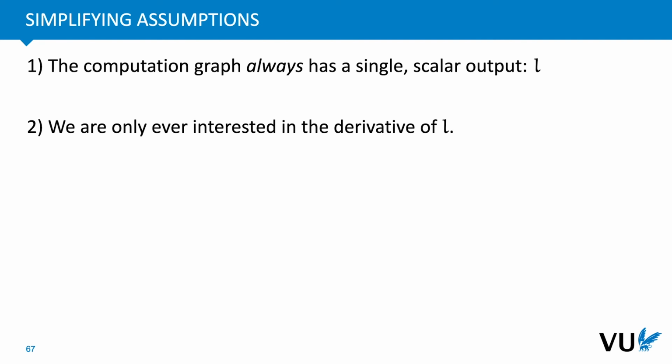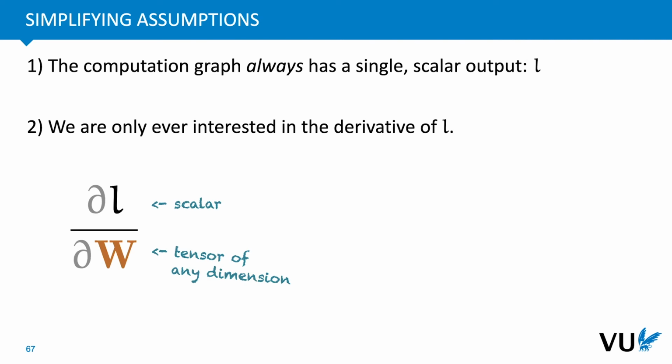The second assumption is that whenever we take a derivative or compute a gradient or do any kind of differentiation, it's always of L. It's always the derivative of L with respect to something else. So basically, in mathematical notation, this is always what we're looking for: L over something else, where L is a scalar and the something else is any kind of tensor.